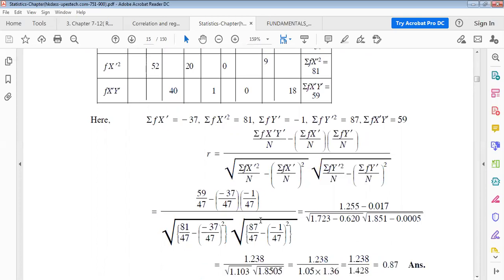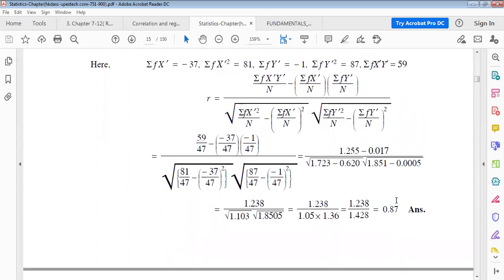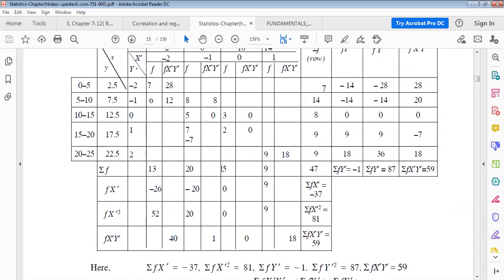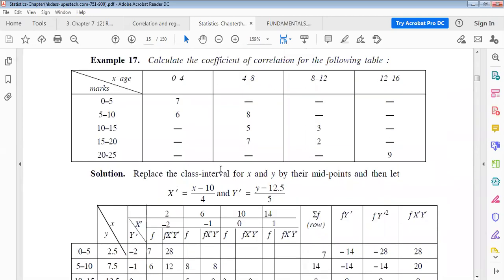Now putting all the values from the tables, we get the correlation coefficient value 0.87. This is a positive correlation and a very strong correlation. So this is our desired result, a very valid correlation for us, and this coefficient is very good also. Can you do this example?